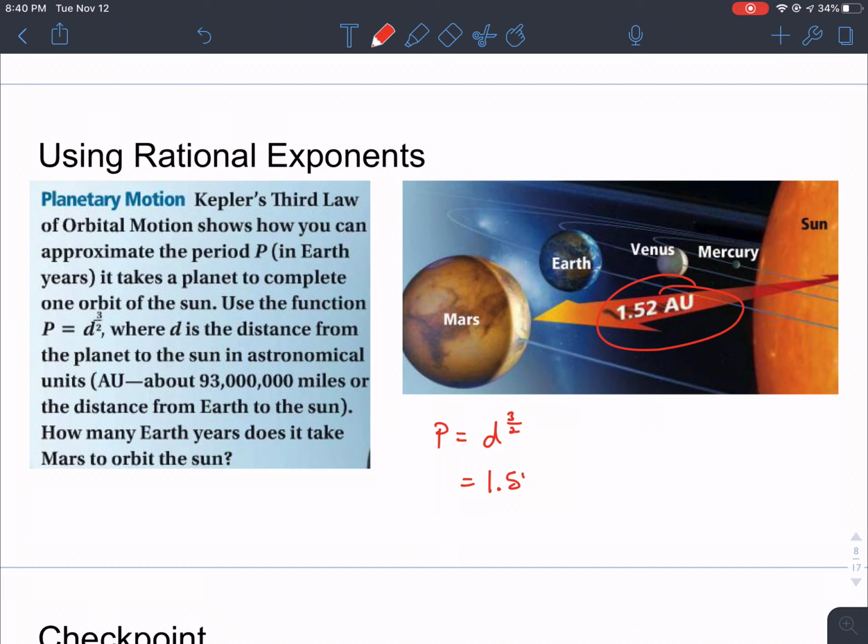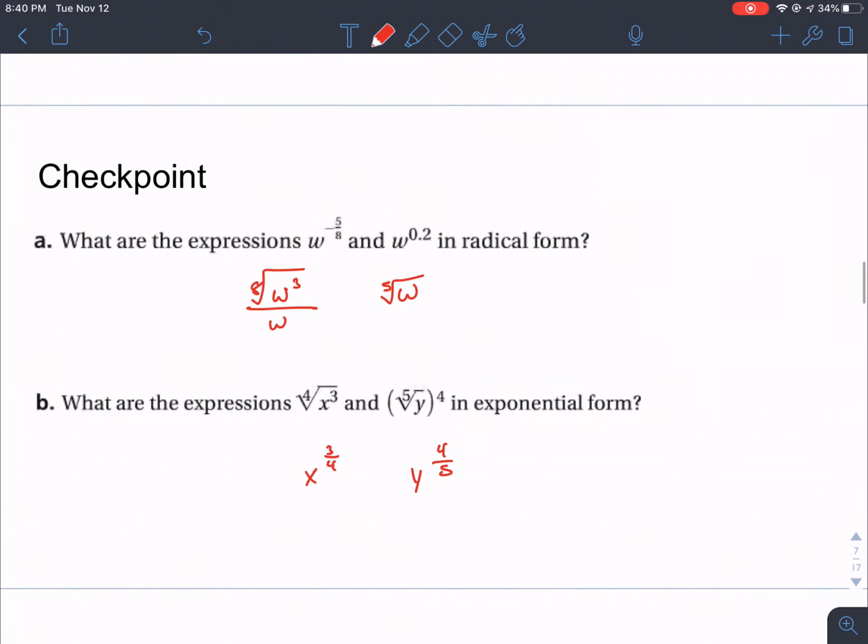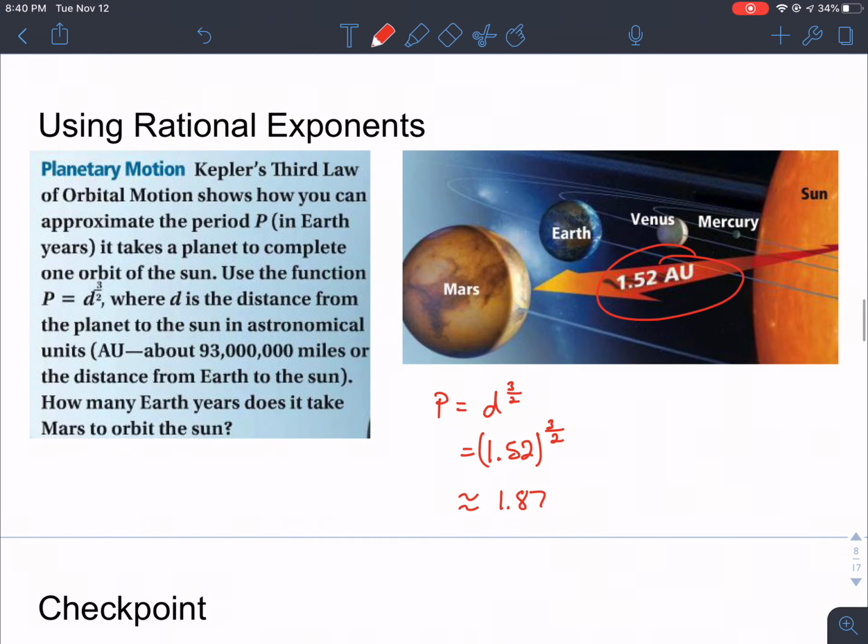So 1.52 can go in to d, and we've got 1.52 to the 3 over 2. And using our calculator, we can approximate our answer to 1.87 Earth years.